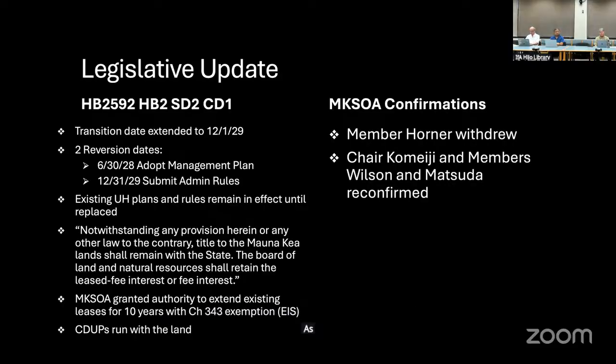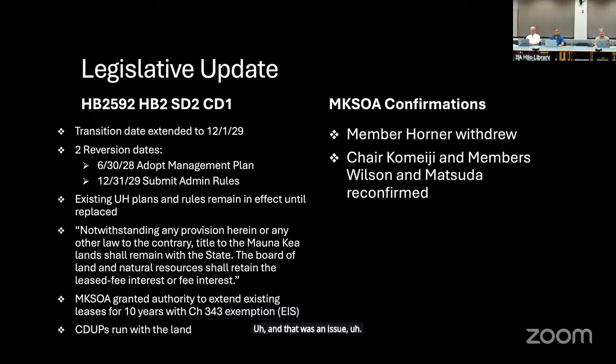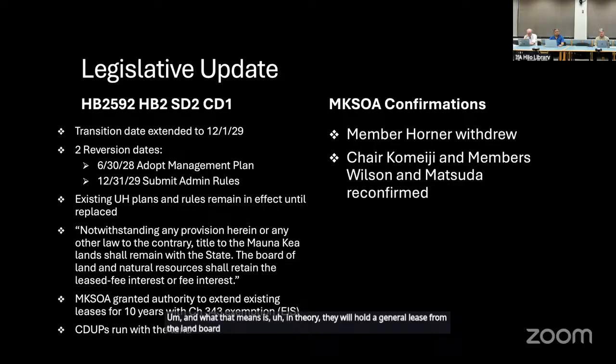As you may recall, MKSOA was seeking to have title in fee for the lands that we currently manage. That was an issue that was debated in both the House and the Senate versions and in conference. At the end of the day, this is what they've ended up with. And what that means is, in theory, they will hold a general lease from the land board, just like we do.